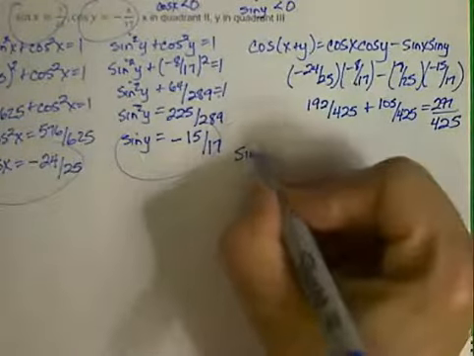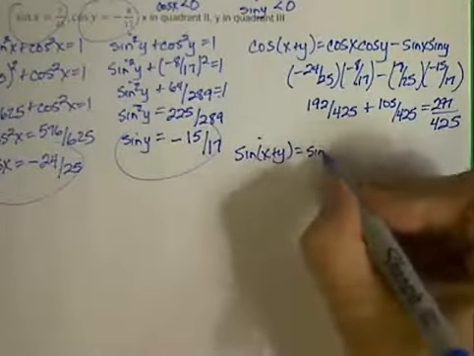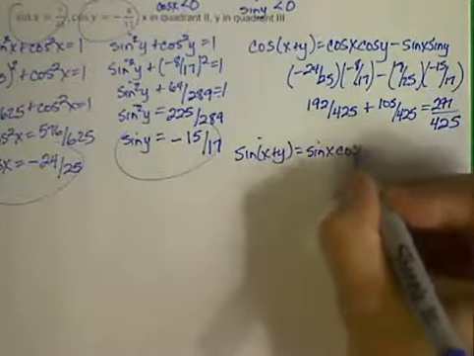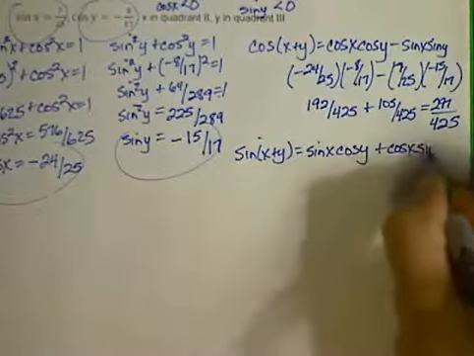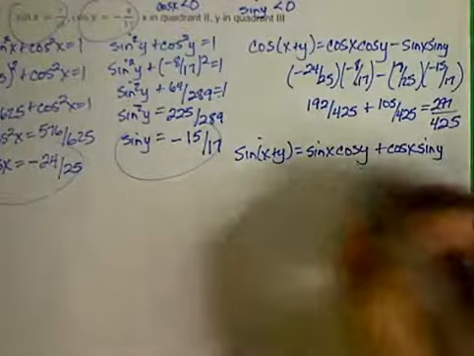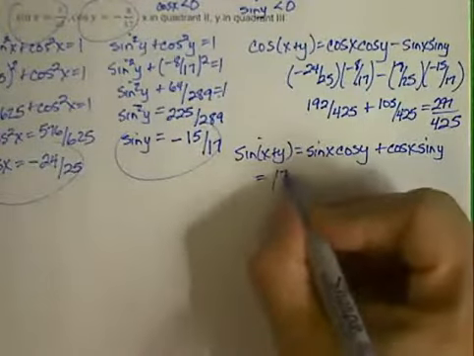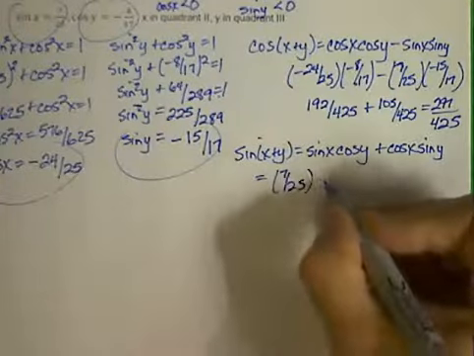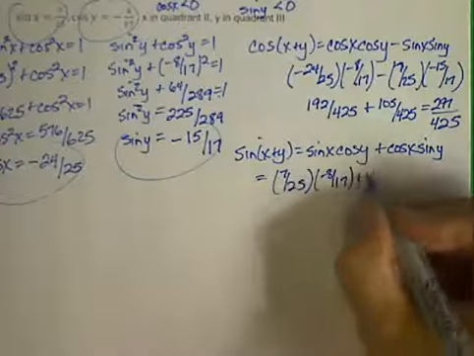We can do the same thing for the sine of x plus y. The identity for this would be sine x cosine y plus cosine x times sine y. Then we're going to plug in our four values. Sine of x is 7 over 25. Cosine of y is negative 8 over 17.